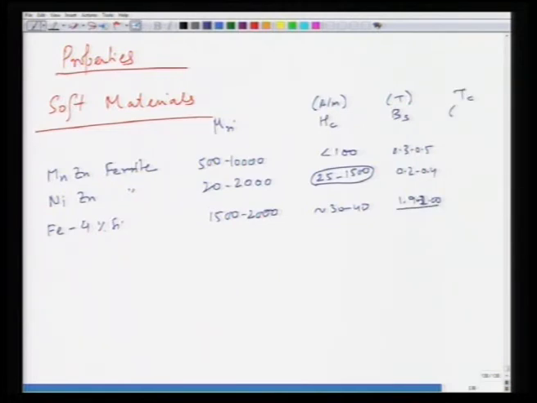And Tc, the temperature in degree centigrade, would be less than 280 degrees centigrade for manganese zinc ferrite, less than 500 degrees centigrade for nickel zinc ferrite, and around 690 degrees centigrade for iron silicon. These Tc's will again depend upon the temperature and composition of these materials. So this is about soft magnetic materials.